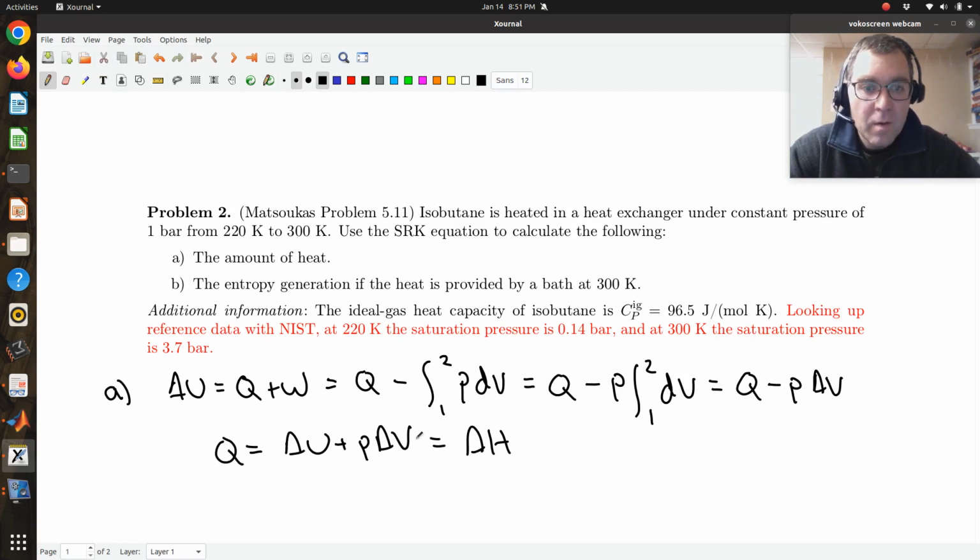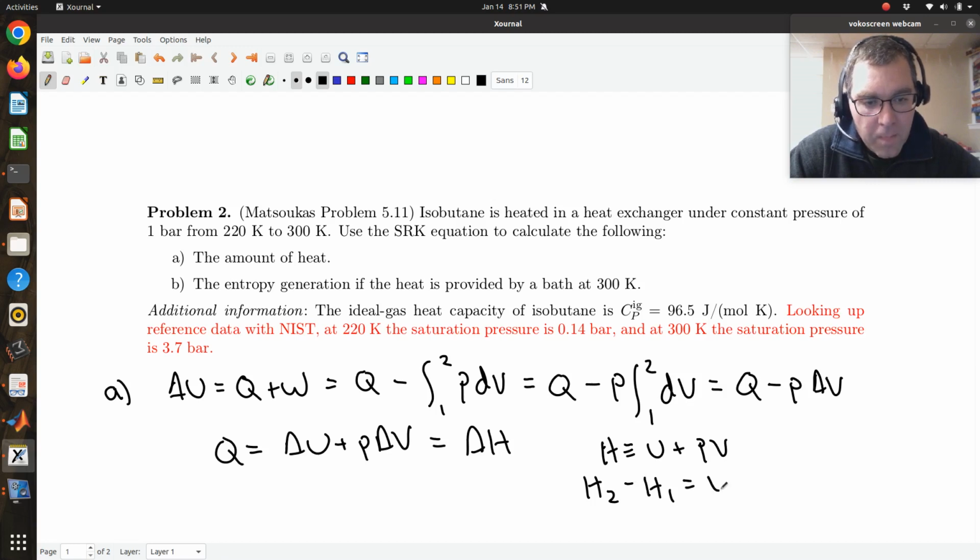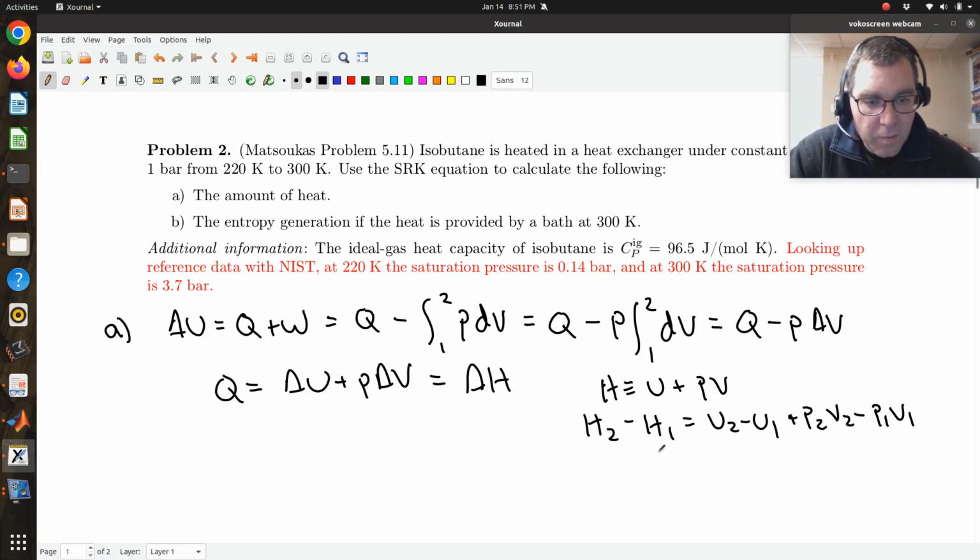Remember, by definition, H is U plus PV, where here my pressure is the same. So just for completeness, H2 minus H1 would be U2 minus U1 plus P2 V2 minus P1 V1, where P2 and P1 are both the same.